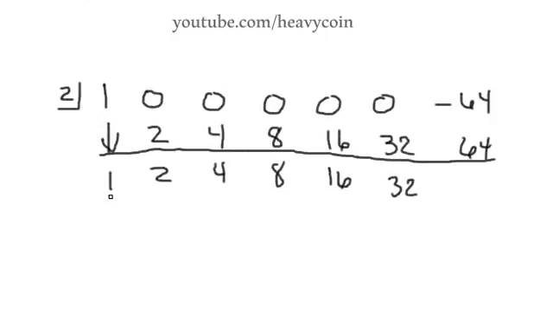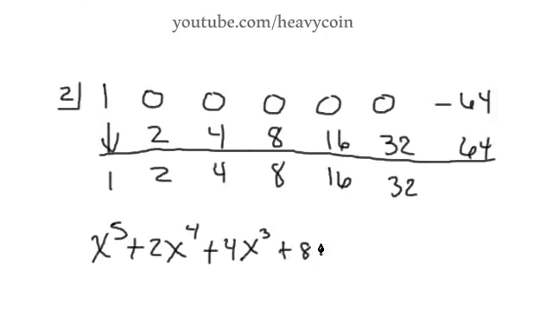Alright, so we started with an x to the 6th. This would be 1 times x to the 5th plus 2 times x to the 4th, plus 4 times x to the 3rd, plus 8 times x squared, plus 16 times x plus 32.